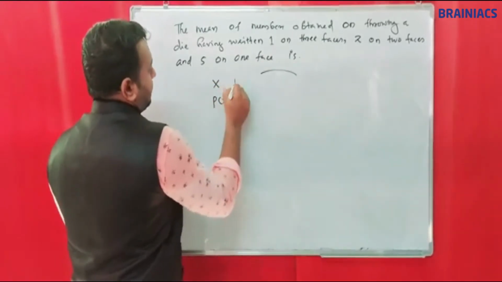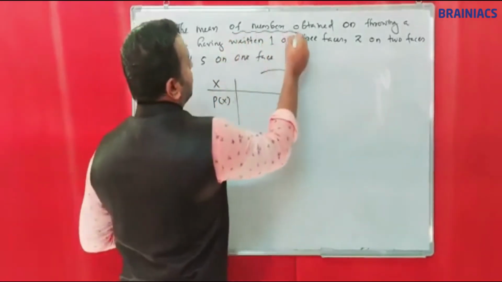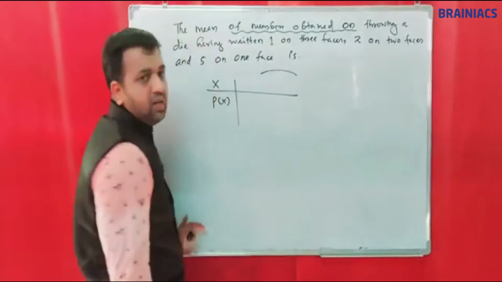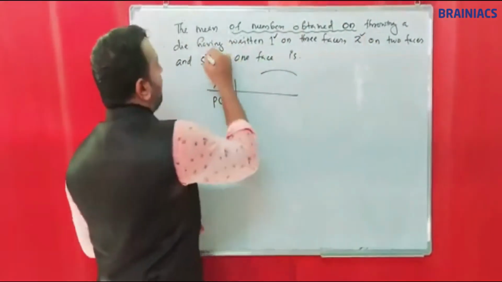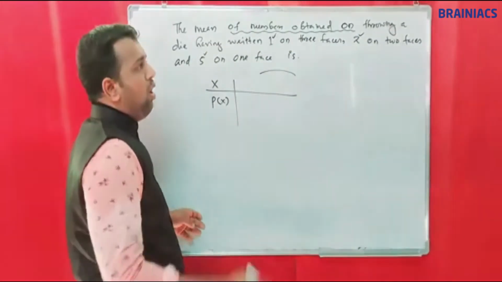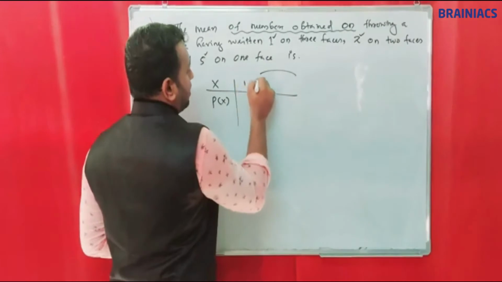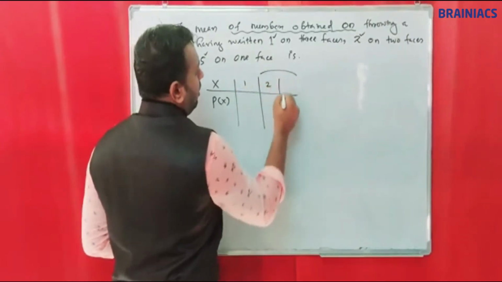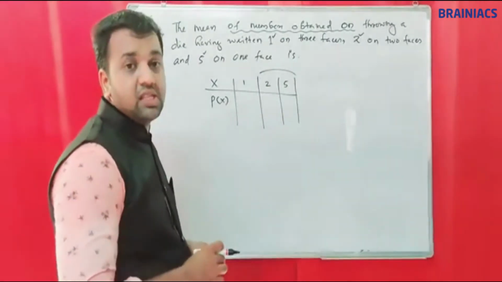What is x? X means the numbers obtained on throwing this die, so x takes the values 1, 2 and 5. What are their probabilities?